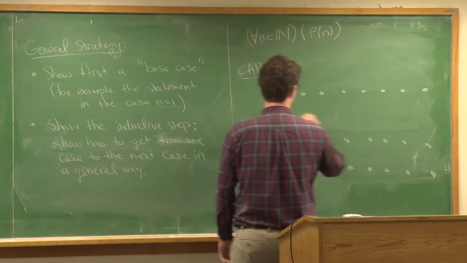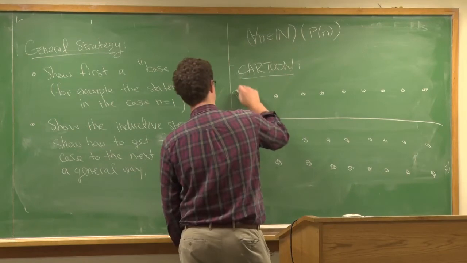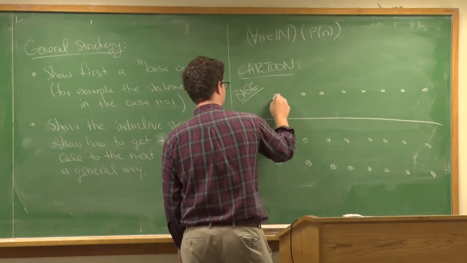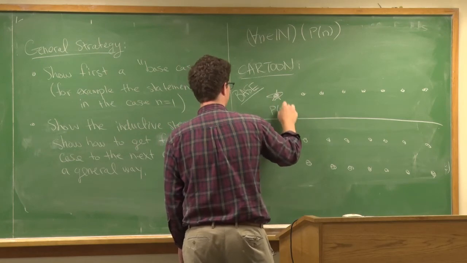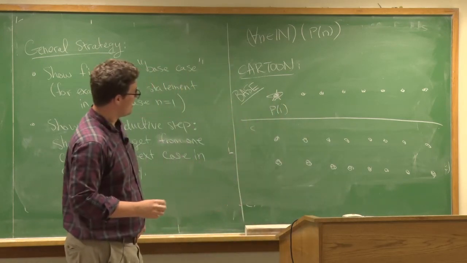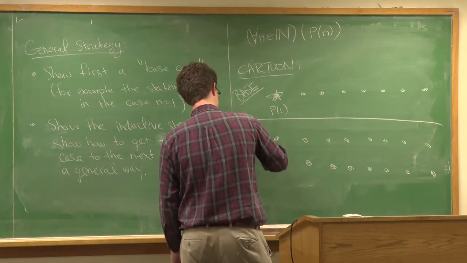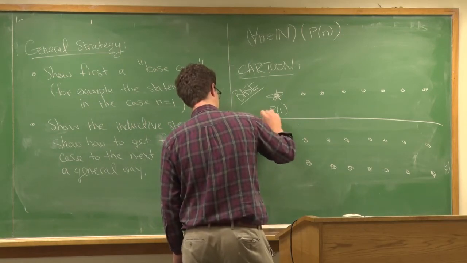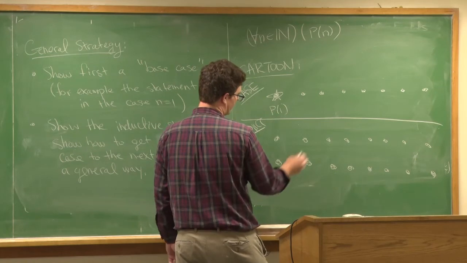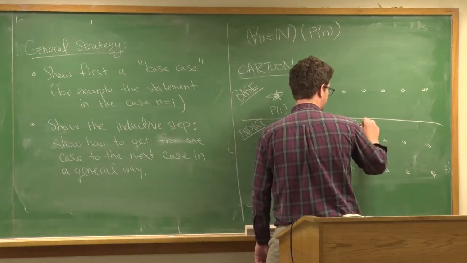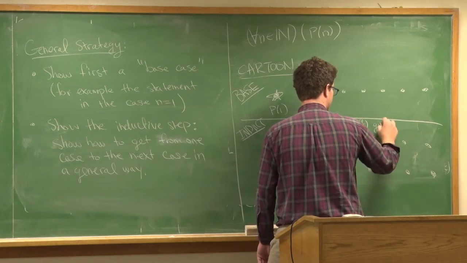Okay, so the base case is this thing here. This is like P of 1. And then the inductive step: here we'll have P of k, and this will be given.